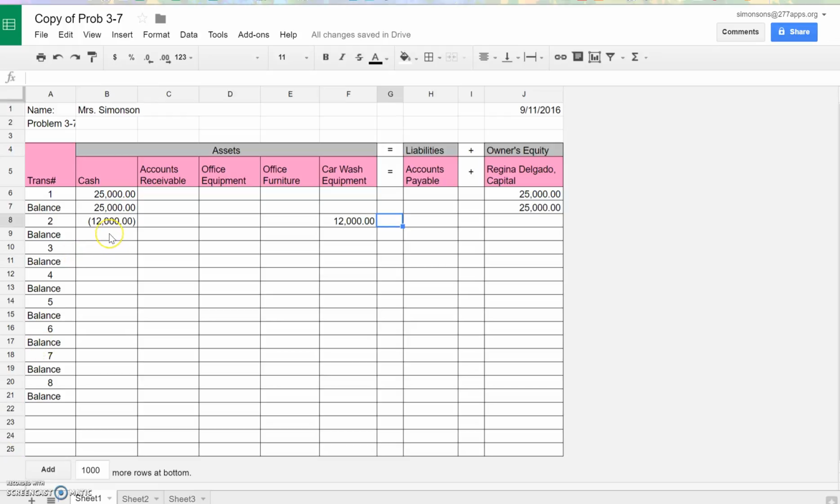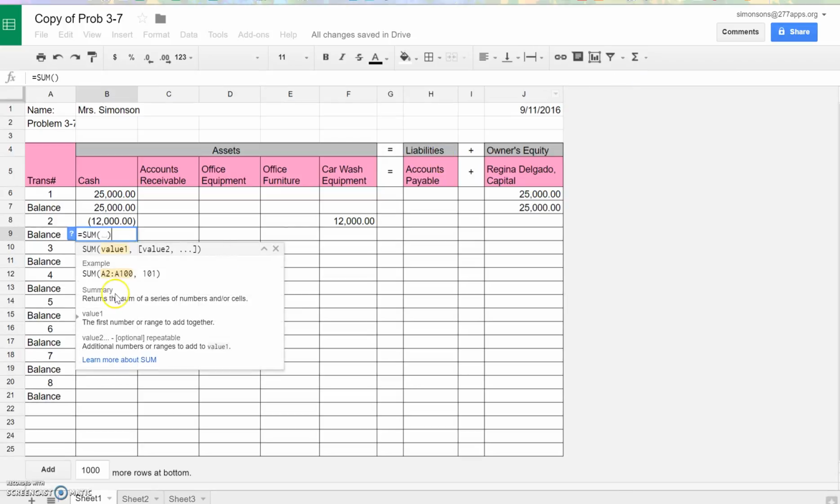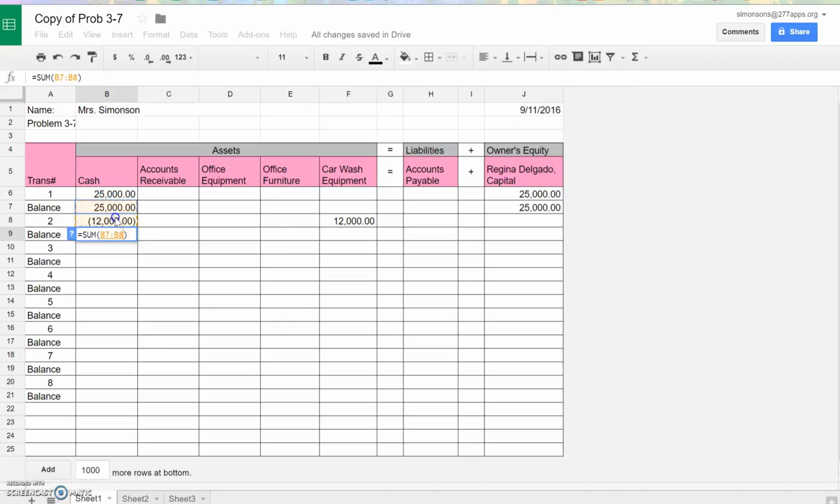I'm now going to calculate the balance for all of my accounts. So I'm going to come here on the balance. I'm going to do an auto sum, or I could just simply add the 2 numbers together, but I'm going to do the last transaction's balance and this transaction. So that's the sum of B7 to B8. I'm going to hit enter.